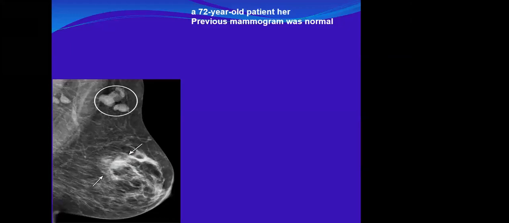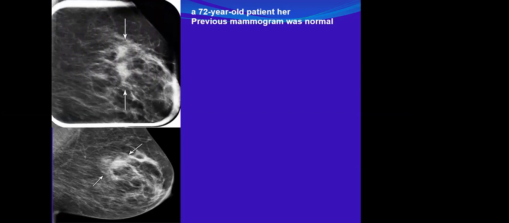And what about this? Here there is asymmetry as well as associated axillary adenopathy. Spot magnification does not disappear. The asymmetry is there. A 72-year-old patient, her previous mammogram was normal.